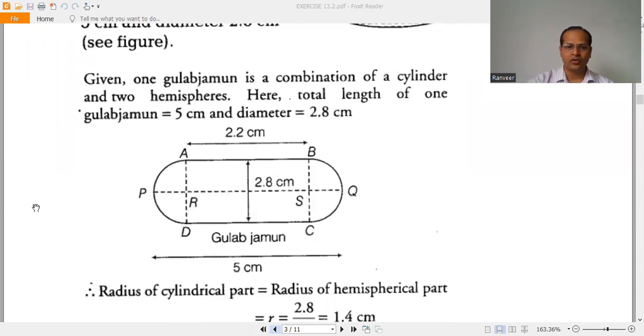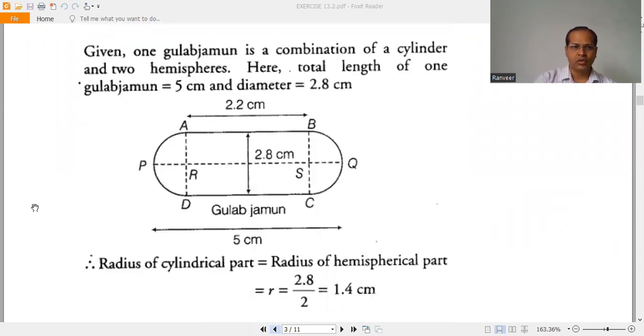So first of all, we have to draw the diagram. This is the cylinder and these are the two hemispheres. In this, the total length is 5 centimeter and the diameter is 2.8 centimeter. So according to this, if we calculate the length of AB, it is nothing but 2.2 centimeter, because this is 1.4 centimeter and this is 1.4 centimeter.